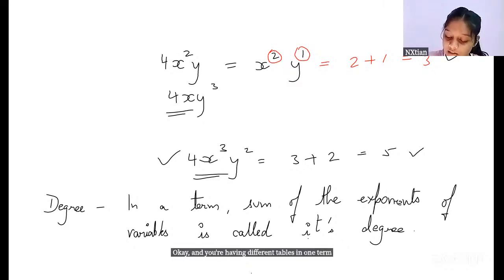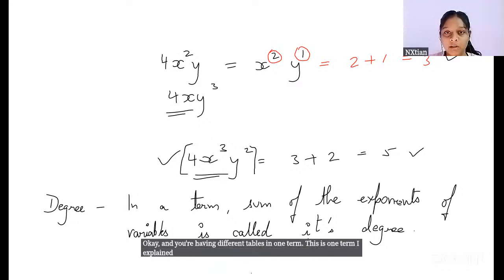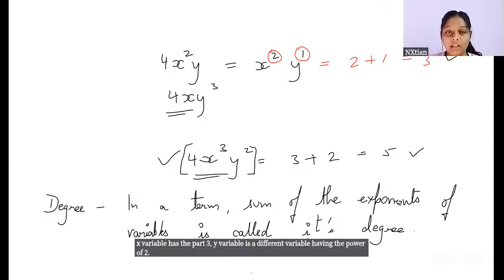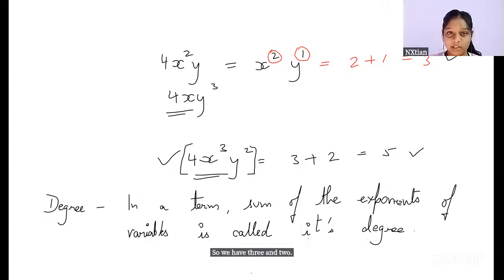This whole thing is one term. I explained yesterday what a term is. This is a term, and x variable has the power 3. Y variable is a different variable having the power of 2. So we have two exponential powers, 3 and 2. We'll add them together. It will become 5. Okay, so the degree of 4x cubed y square will be 5. This is how you find out the degree.